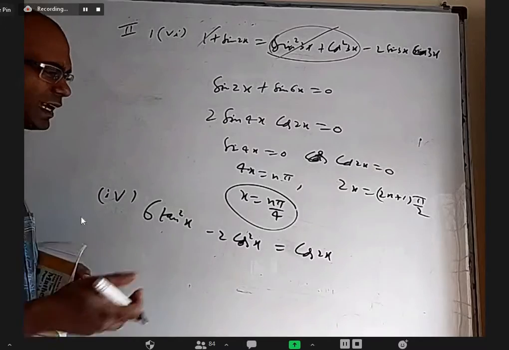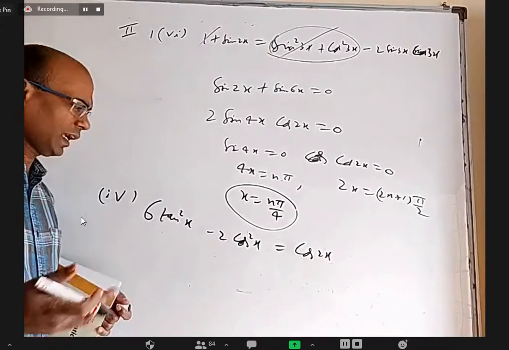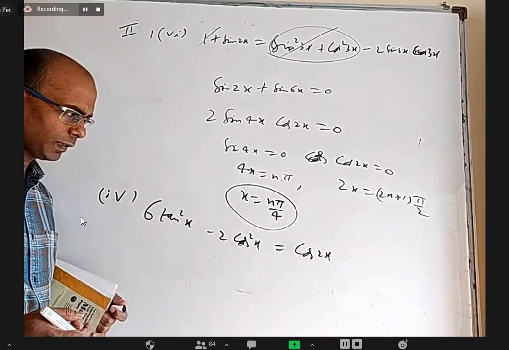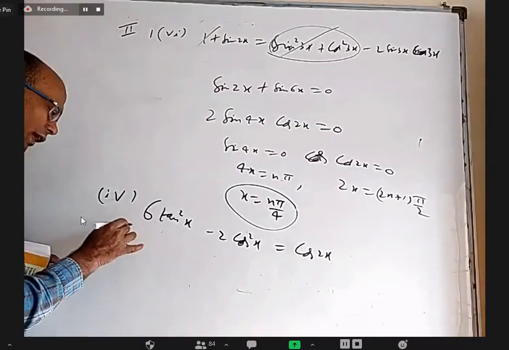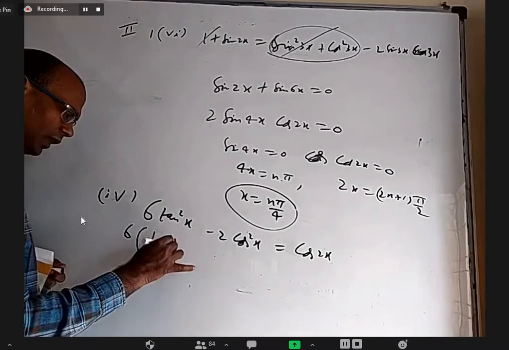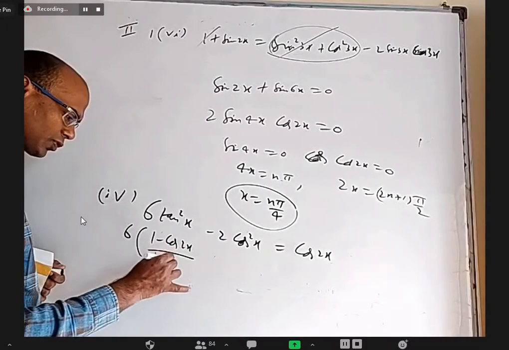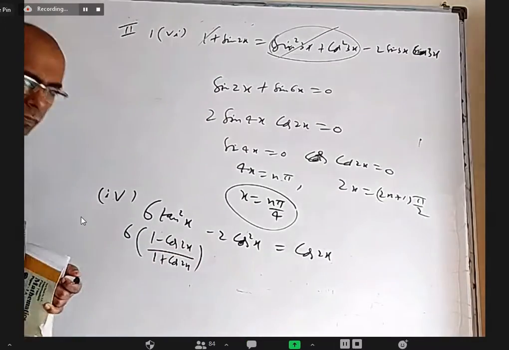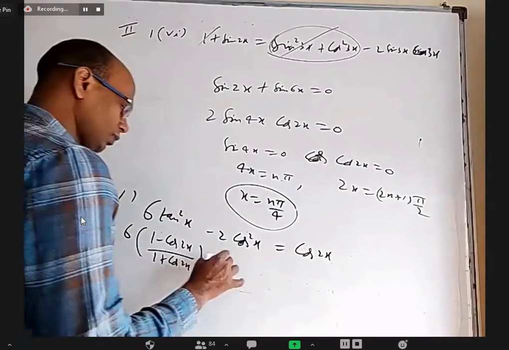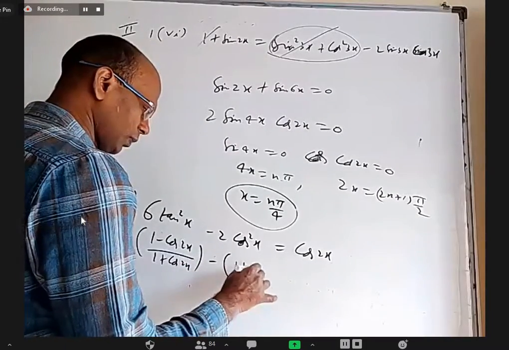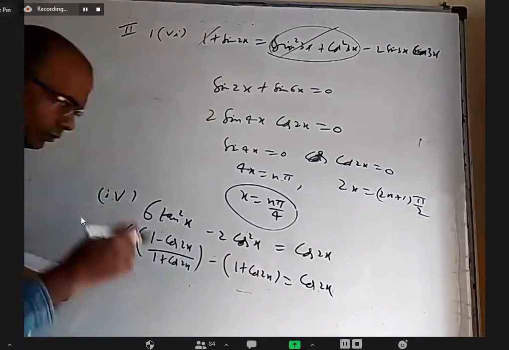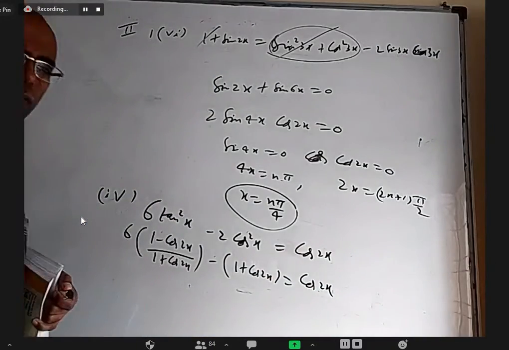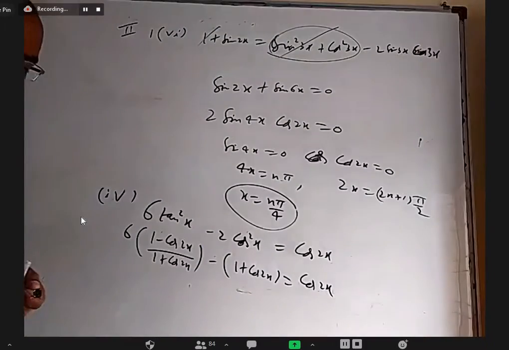Okay. So to decide whether we should convert everything to cos or sin or tan, something like this. I would like to write tan square x as (1 minus cos 2x) by (1 plus cos 2x), and 2 cos square x as 1 plus cos 2x. So that I'll get a quadratic equation in terms of cos 2x basically.